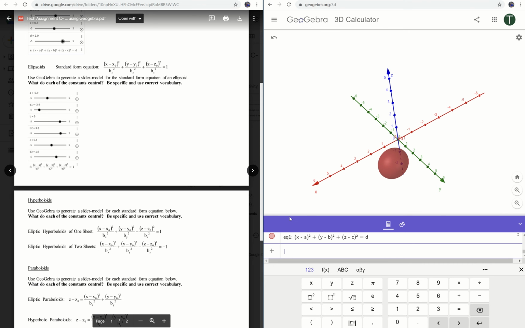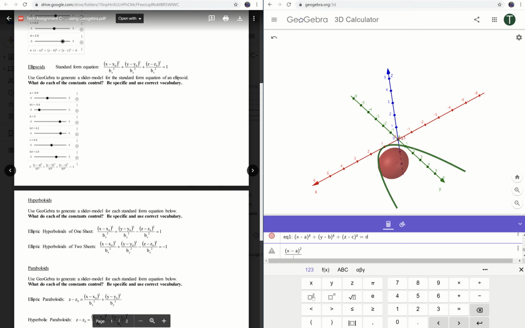So what I'm going to do is start typing. The a, b, and c's will occupy the same position within the ellipsoid function, so x minus a squared, but this time over a new constant, so divided by, now this is a unique constant.